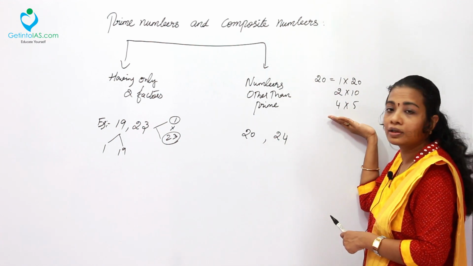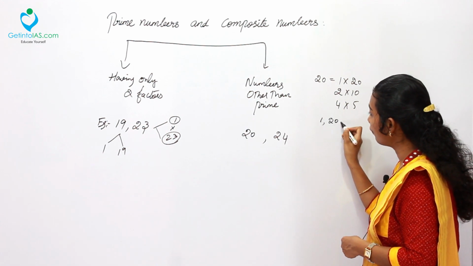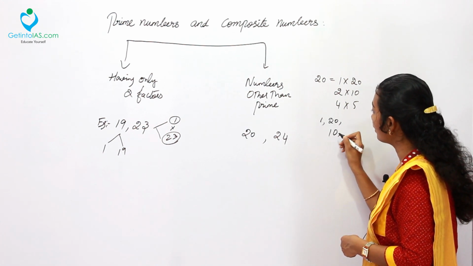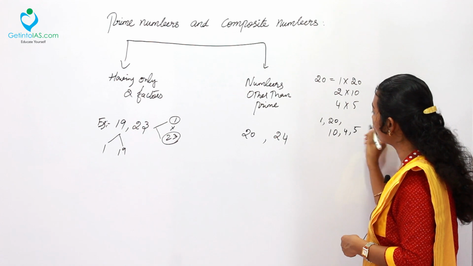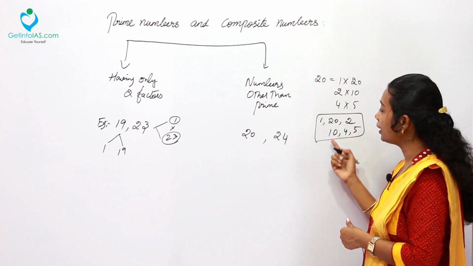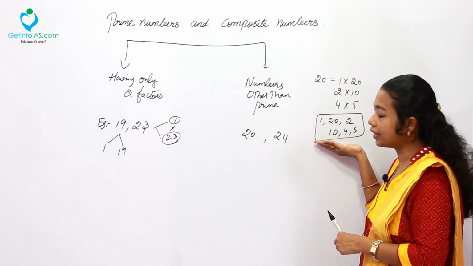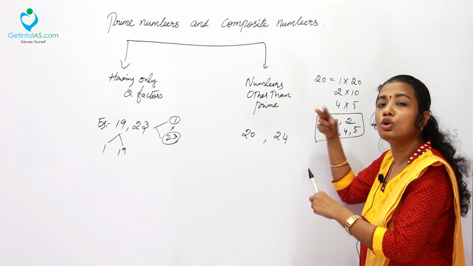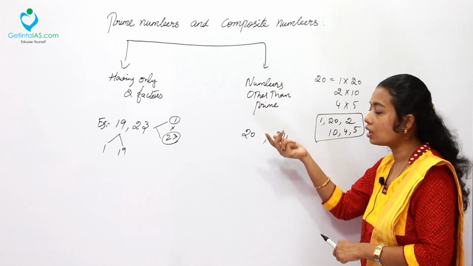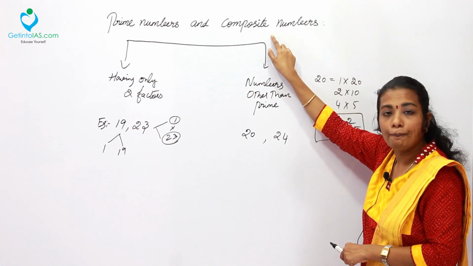So how many factors do we have for 20? 1 is a factor, 20 is a factor, 10 is a factor, 4 is a factor, 5 is a factor and 2 is also a factor. How many in total? We have 6 factors. So we can say if any number has more than 2 factors, that number is said to be a composite number.